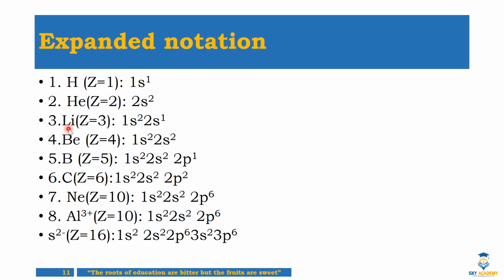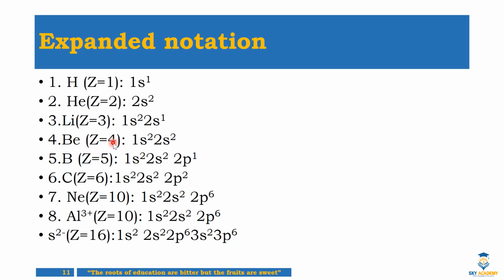I'm sorry for this mistake. Then we have lithium. It has 3 electrons. It is 1s2. Then if it is 3, another electron needs to be put in another energy level, so 2s1.